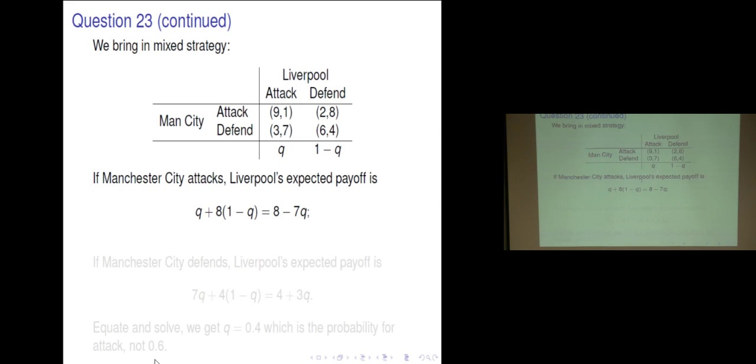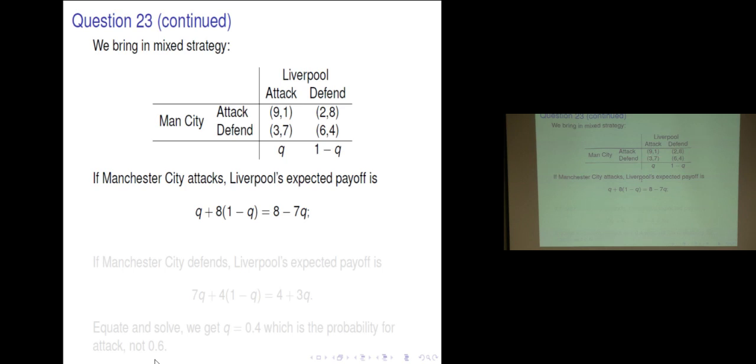So we are looking at things from Liverpool's point of view. He can choose attack with probability Q, and then he'll choose defend with probability 1 minus Q, right? So now we calculate the payoff of Liverpool. Suppose Man City attacks.